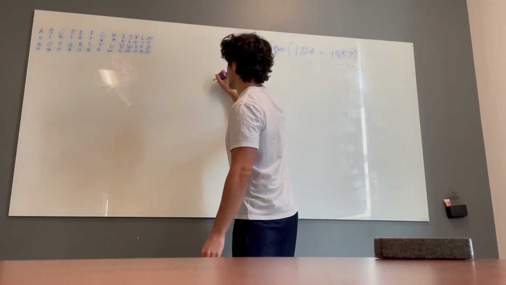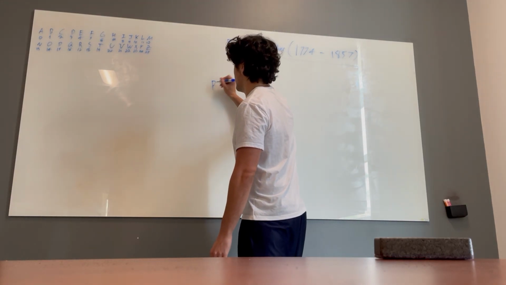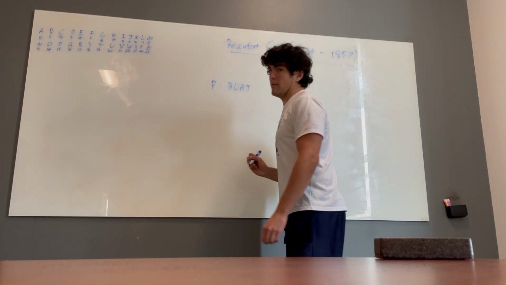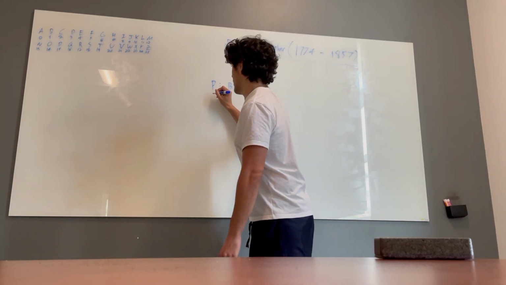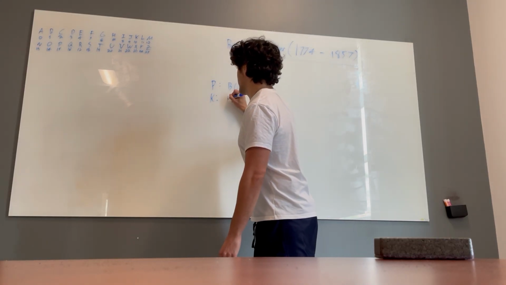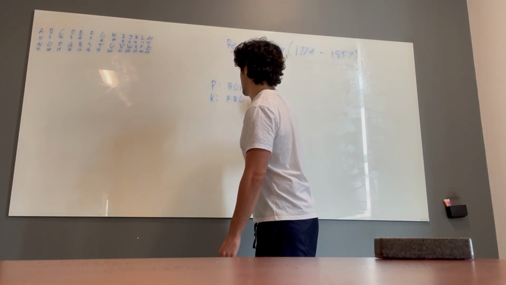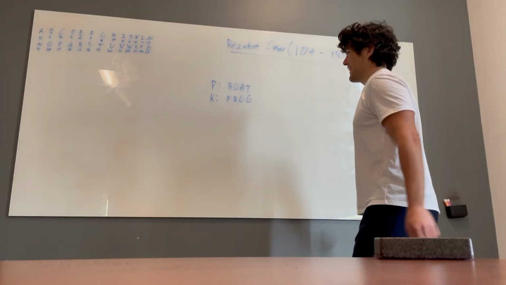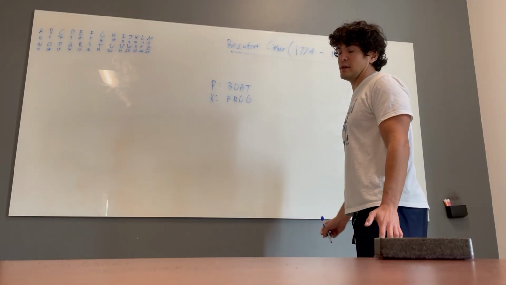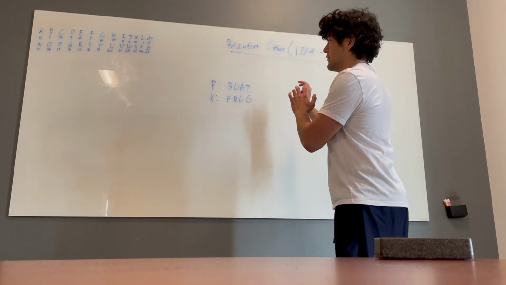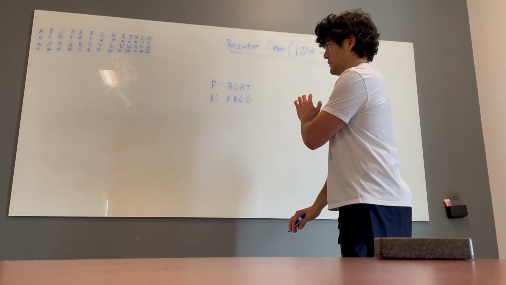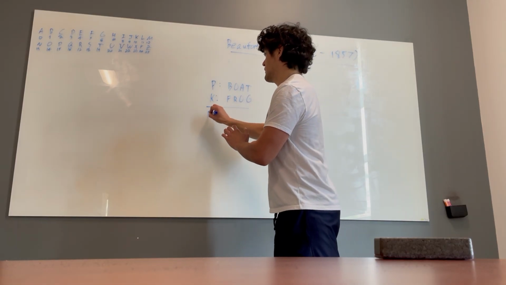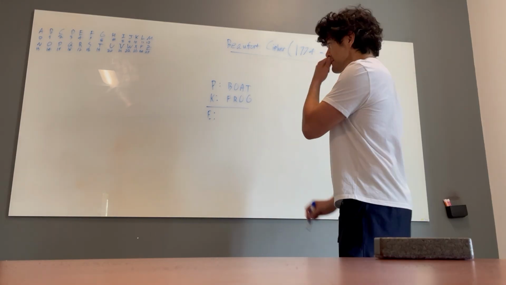Let's just say our plain text is going to be "boat", and our keyword is going to be "frog". We want to use this cipher to encrypt the plain text "boat" with the keyword "frog" into some sort of ciphertext.